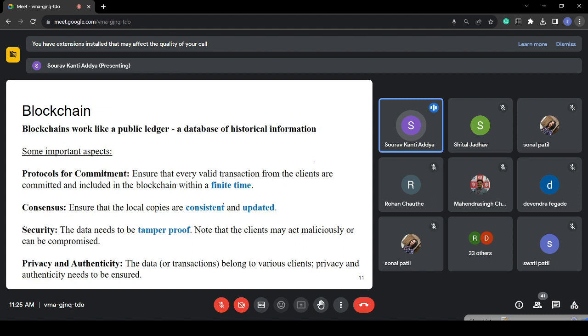In my entire slide, you can see many terms highlighted in different colors, bold or italic, because I want to give some stress on them. So when this commitment happens, or if you do any transaction among your peers in the network of different nodes, all those transactions should happen in some predefined finite time.